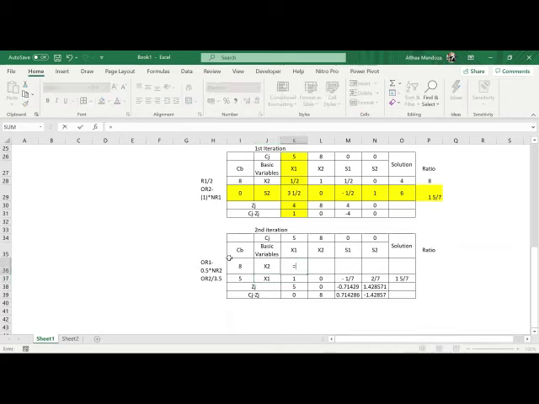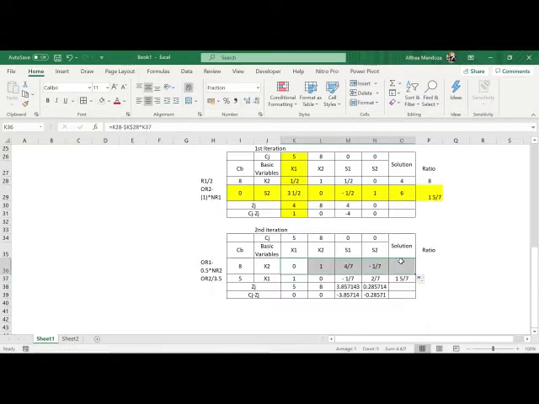Let's test if it becomes 0. 1/2 minus 1/2. We add a constant to this since it is a constant, then times new row 2. It's 0. So we drag it across. We have here our new second iteration tableau.